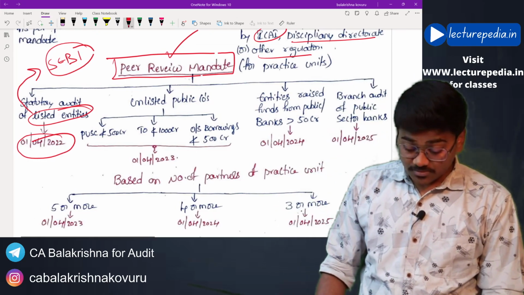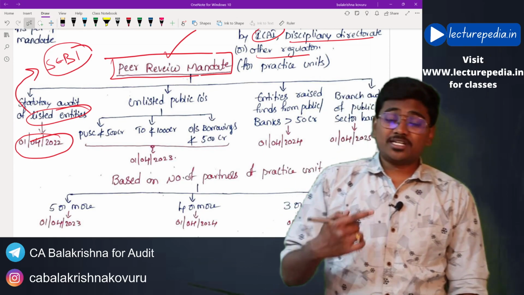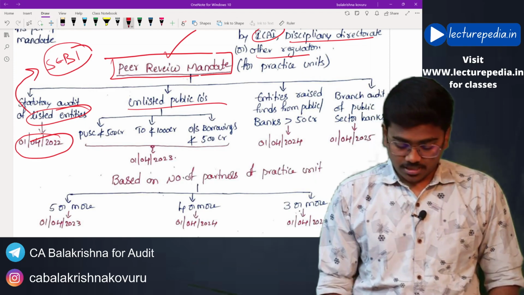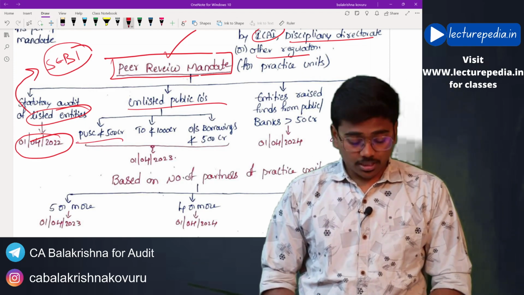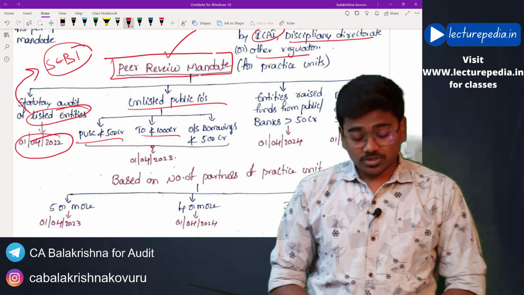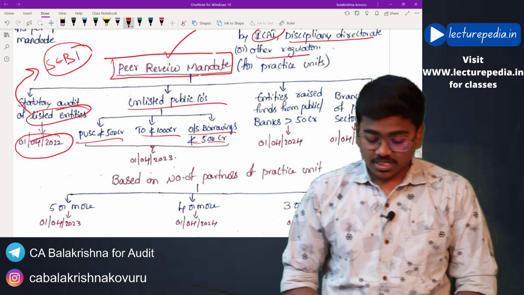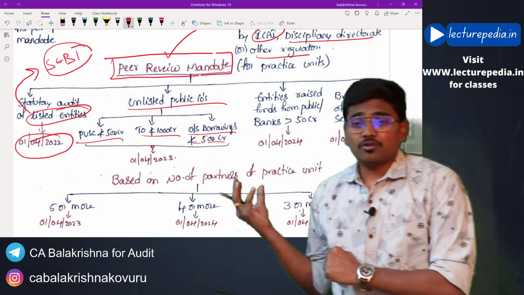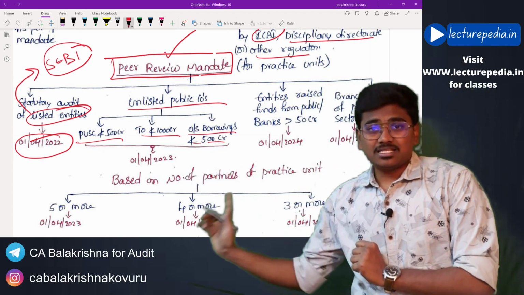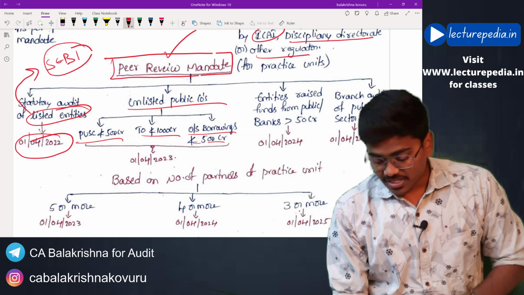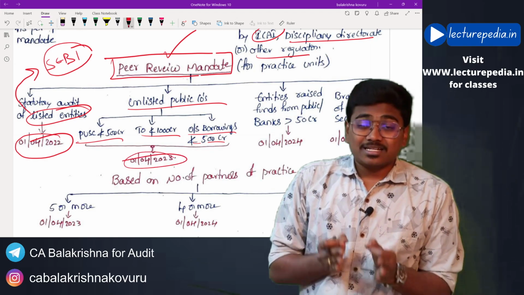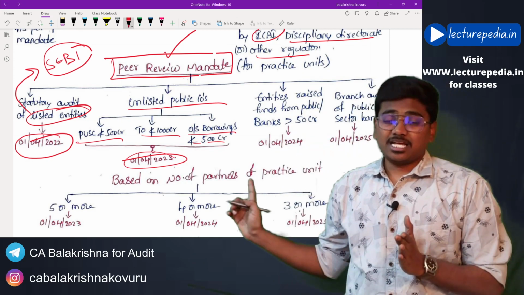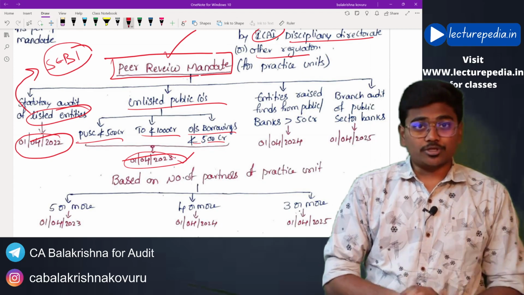Next, audit firms which want to take up audit of unlisted public companies having paid up share capital of not less than 500 crores or turnover of not less than 1000 crores or outstanding borrowings of not less than 500 crores. If any audit firm wants to take up audit of any of these unlisted public companies falling in this criteria, then it has to mandatorily get itself peer reviewed from 1st April 2022. Only after having a peer review certificate can it take up these types of audits from 1st April 2023.